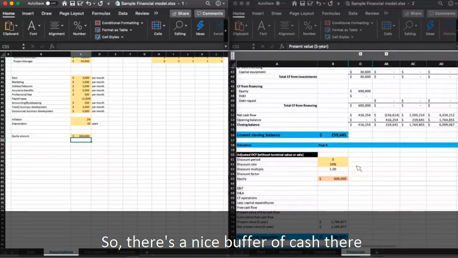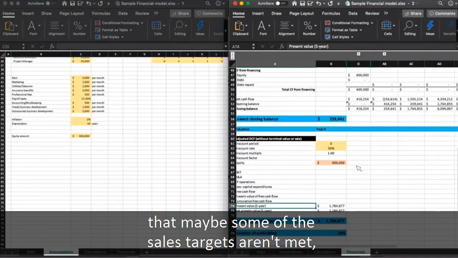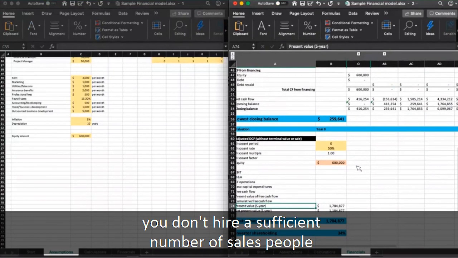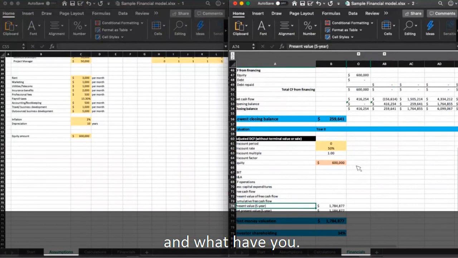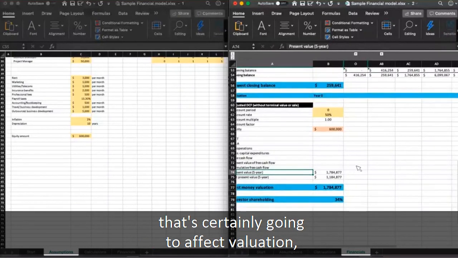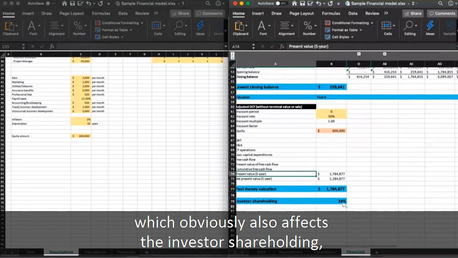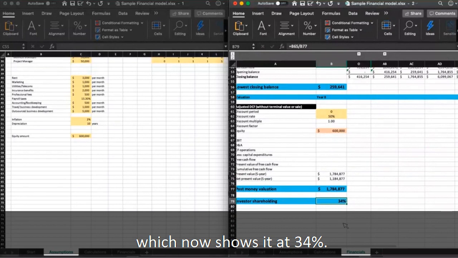So there's a nice buffer of cash there in the event that maybe some of the sales targets aren't met, you don't hire a sufficient number of salespeople, or what have you. The issue is, if you're asking for more money, that's certainly going to affect valuation, which obviously also affects the investor shareholding, which now shows it at 34%.